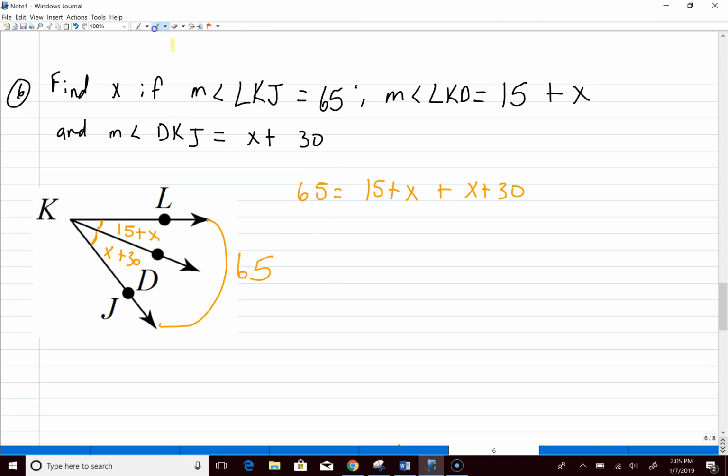So just like before, I have a 15 and a positive 30. I have a positive X and a positive X. So X plus X, that's going to give me my 2X. 15 plus 30, that's positive 45. And then bring down the 65.